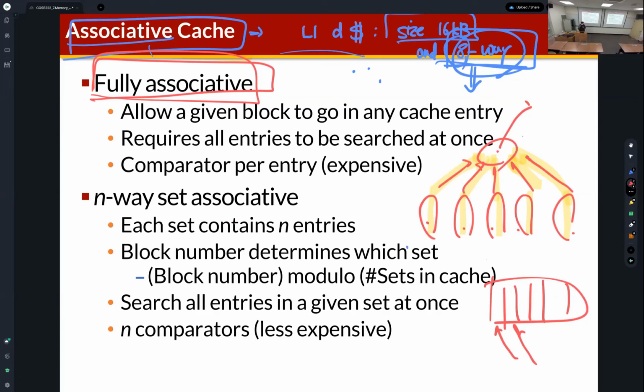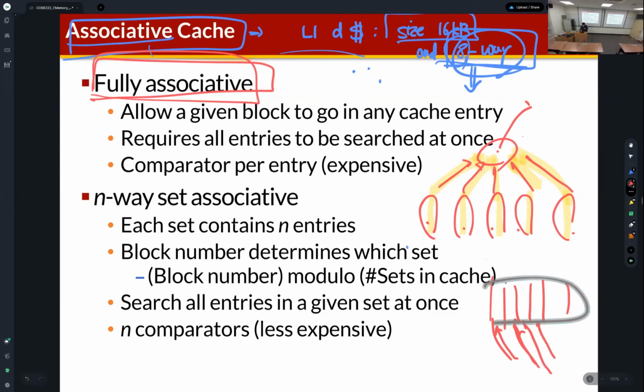If we just remove this mapping policy, then we can store any memory block in any empty block in the cache. You understand?